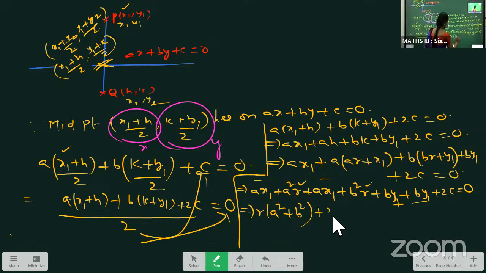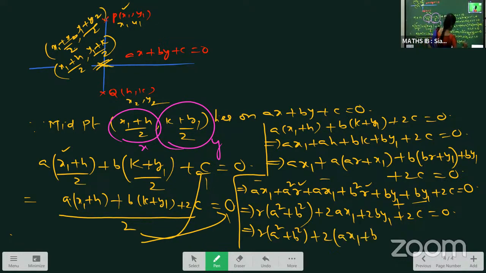So write 2ax1 plus 2by1 plus 2c is equal to 0. So r into a square plus b square, take 2 common, then ax1 plus by1 plus c is equal to 0.